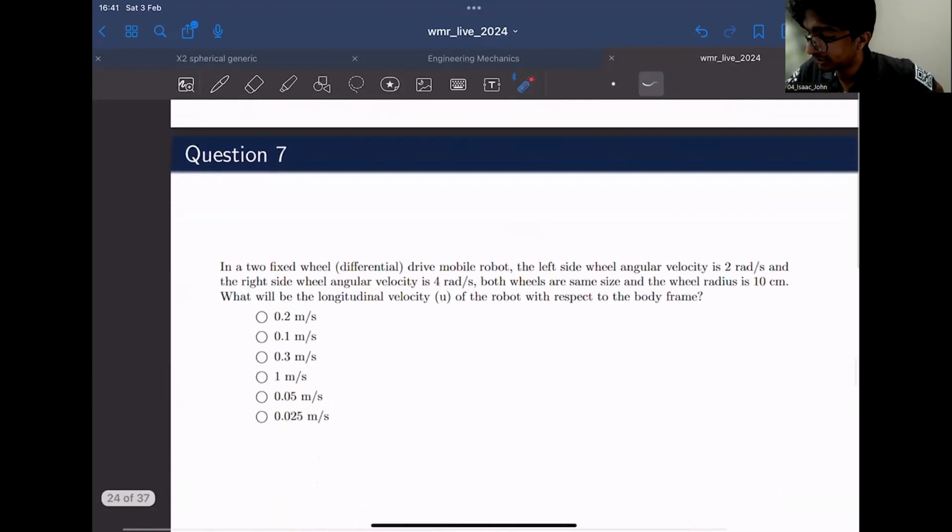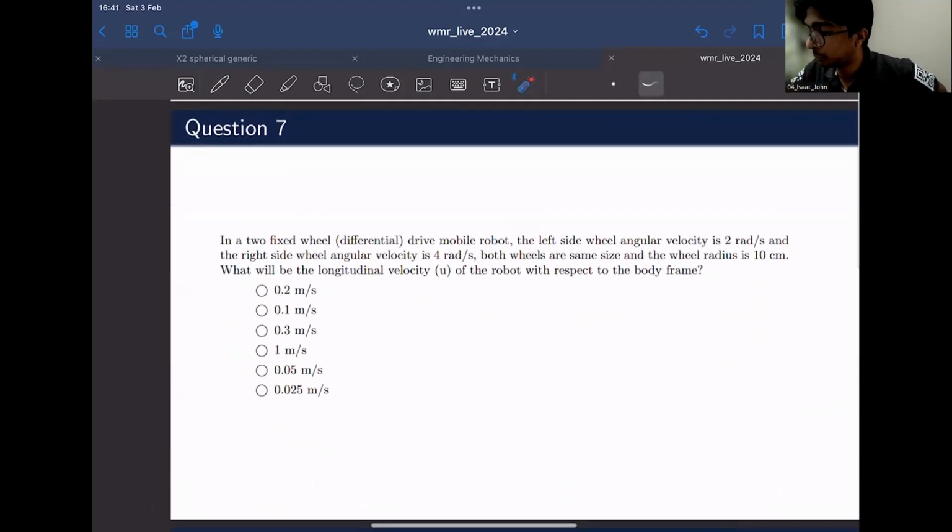So moving on to question 7. We'll solve a few numericals. In a two-wheeled differential drive mobile robot, I'll briefly depict the sketch of a differential drive robot. This is the chassis of the robot.